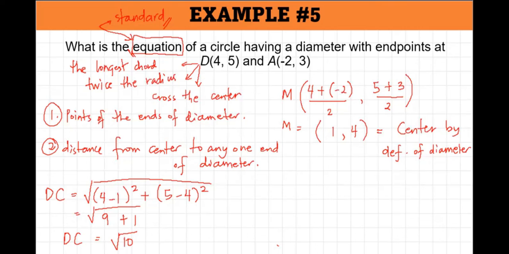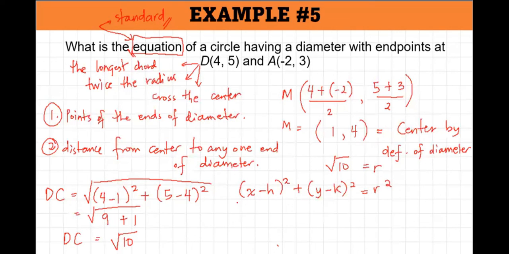Alright. So now here, you have here your radius. Your radius is square root of 10. That is simply r. Now, kailangan mo ng standard form. That would be x minus h squared plus y minus k squared equal to r squared. Substitute the value that we got for the center.